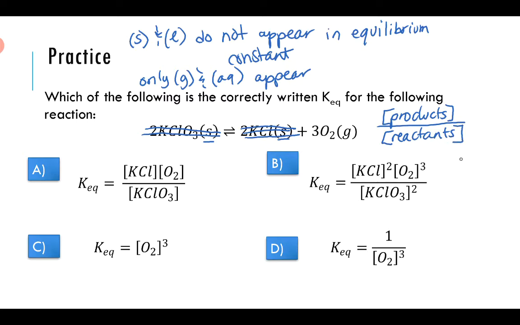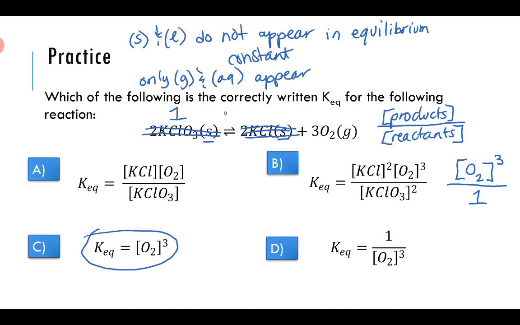And so we are going to have our O2 raised to the third power over nothing. I can't have over 0 though, so that's going to be over 1. Over 0 is undefined, so that's going to be over 1. And anything divided by 1 is just itself. And so the correct answer is O2 to the third power.